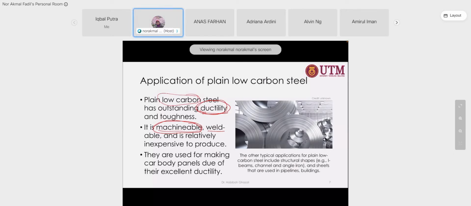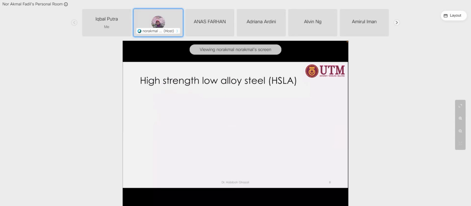Typical applications for plain low carbon steel include structural shapes, for example I-beam, channel and angle iron, and sheets used for pipelines and buildings. For low carbon steel, you can increase the strength if you add some alloying element.